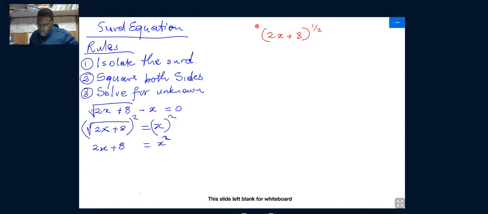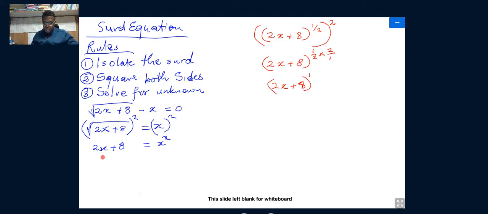So when you square it, this is a power of a power. You have to multiply the exponents. You have 1 over 2 multiplied by 2 over 1. 2x plus 8 power 1. So that is why it comes like this.